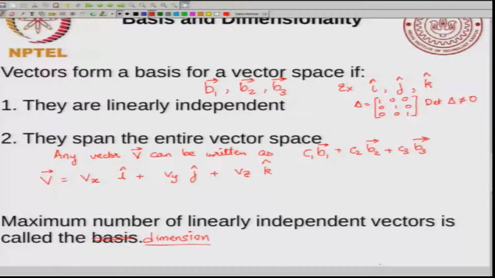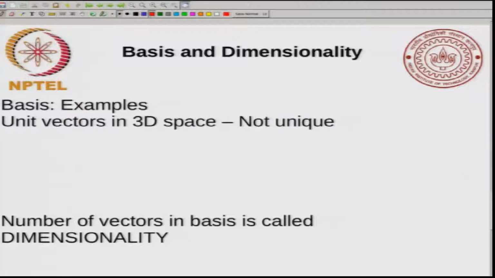So, in 3D space you have 3 basis vectors. So, the dimensionality is 3. So, let us take examples of bases. Suppose you have in 3D space, your i, I can write that as 1 0 0, j I can write as 0 1 0, k I can write as 0 0 1.